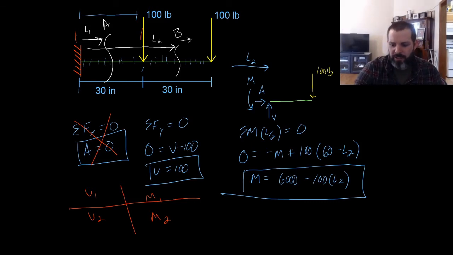What we did wrong is not wrong. We failed to recognize that our moment is plus or minus here. So this is generally positive, but we chose our moment to go in the negative direction. So we need to negate everything if we want to get a correct diagram. So let's go back and do that.